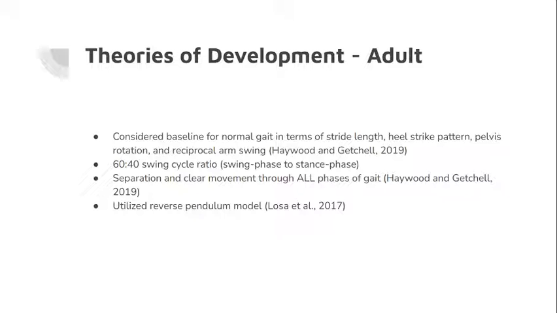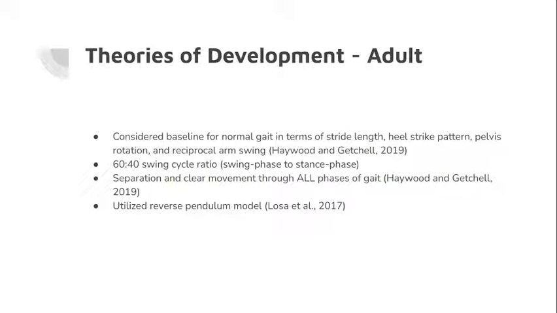The swing phase, of course, is that time where you have the leg in the air, swinging into the next part of the stance, which is basically when you get the heel strike, the feet are on the ground. So there's going to be a 60-40 ratio. Right, so the majority of the time is spent actually in the air, swinging that leg, getting ready, causing knee flexion, then striking with that heel for the stance.